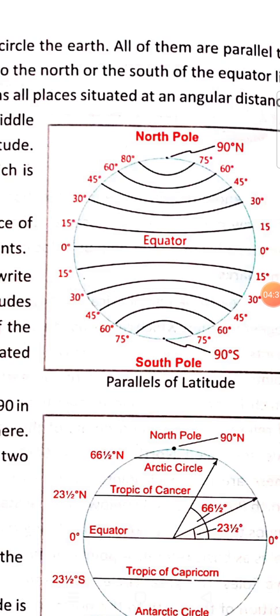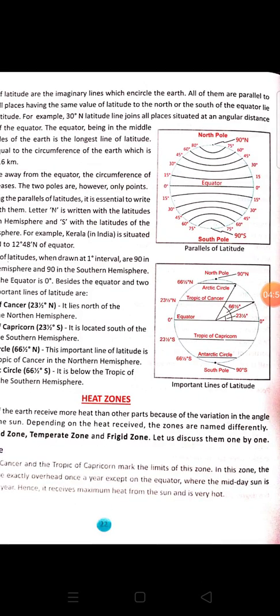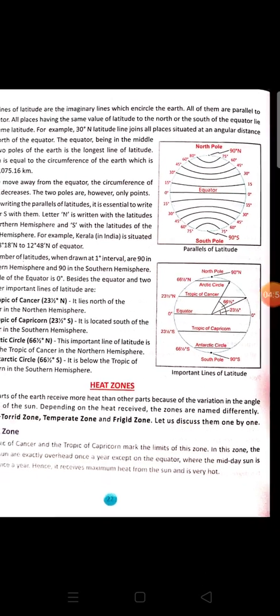The equator, being in the middle of the two poles of the earth, is the longest line of latitude. Its length is equal to the circumference of the earth, which is about 40,075.16 kilometers. As we move away from the equator, the circumference of the circle decreases. The two poles are, however, only points.